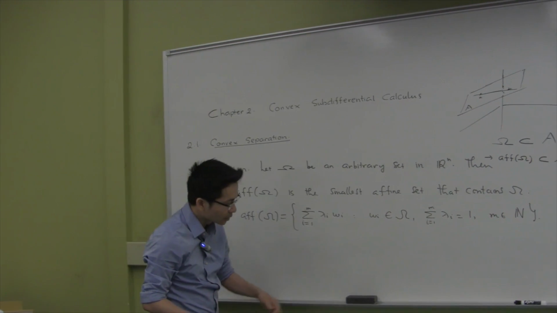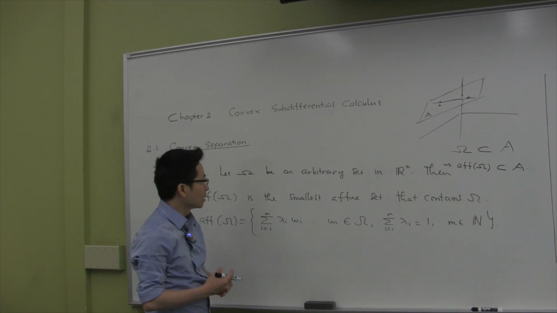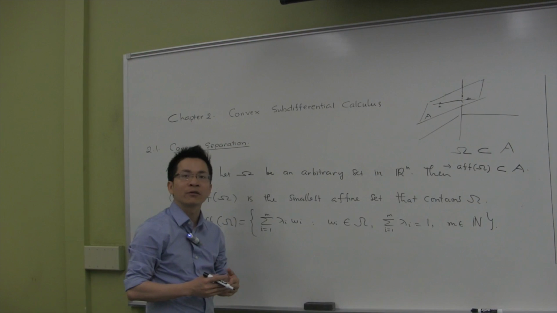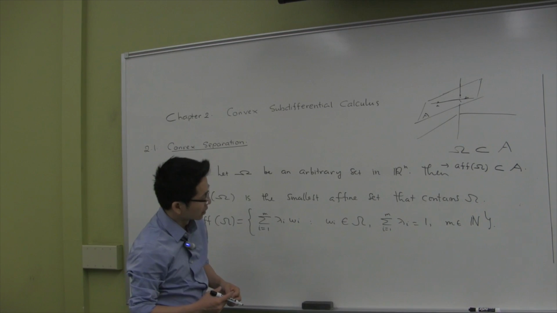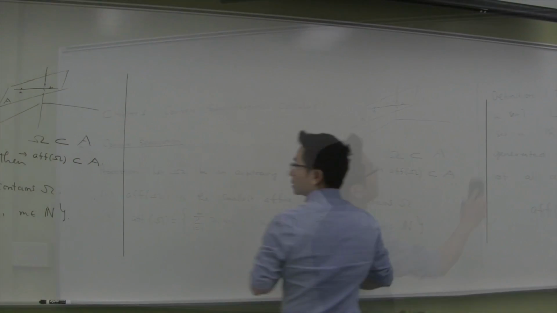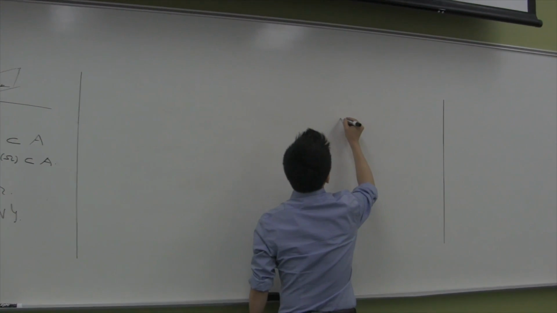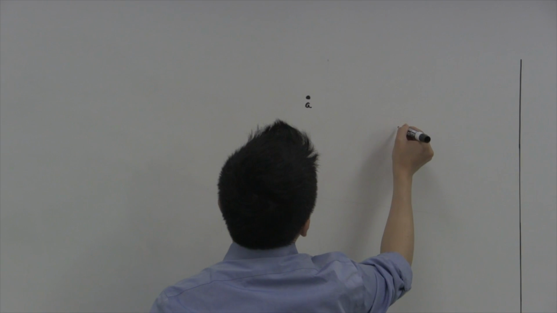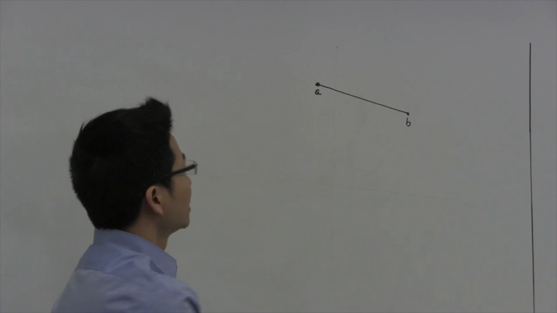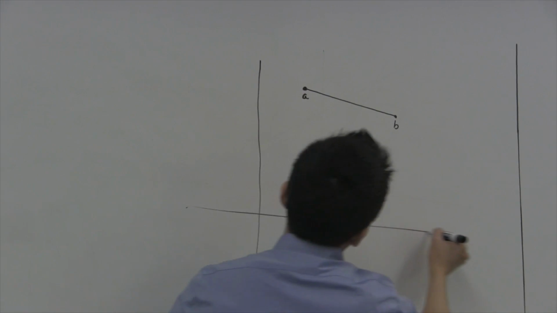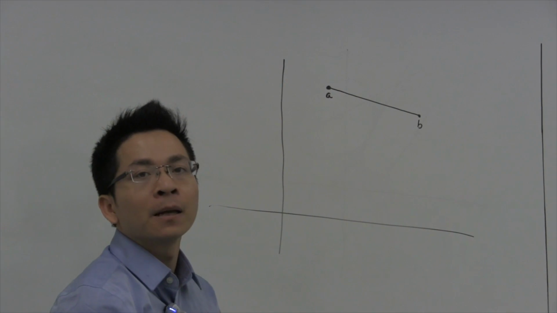Okay. So with this definition, now we are able to discuss an important concept of convex analysis called the relative interior of a convex set. The main idea is as follows. If we look at a line segment connecting A and B in R2, as we can see, the interior of this set is empty.